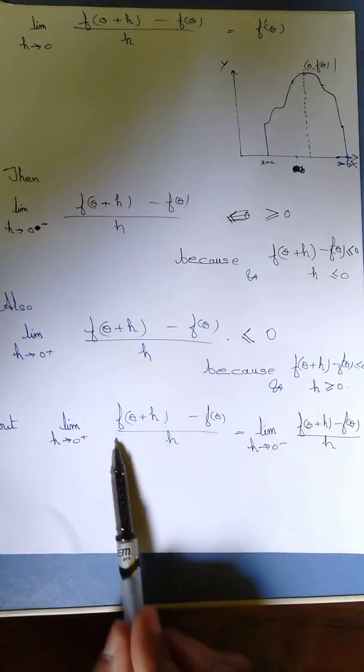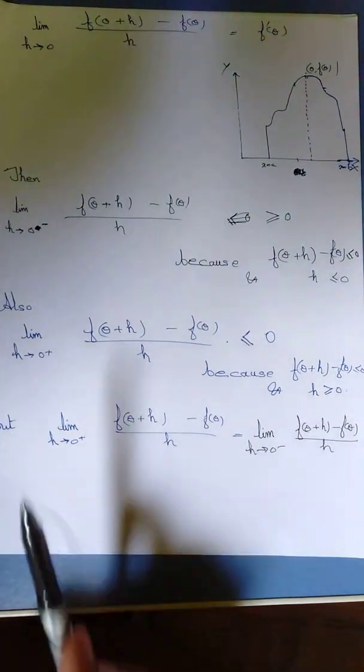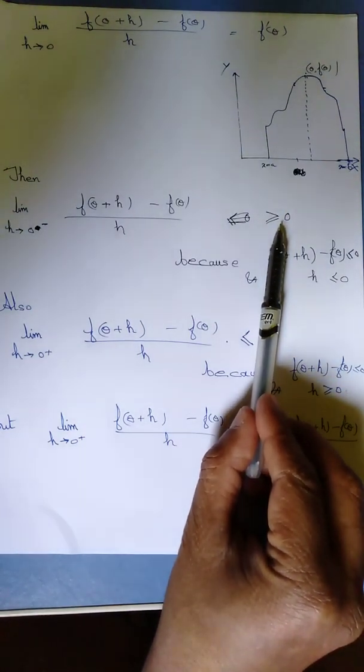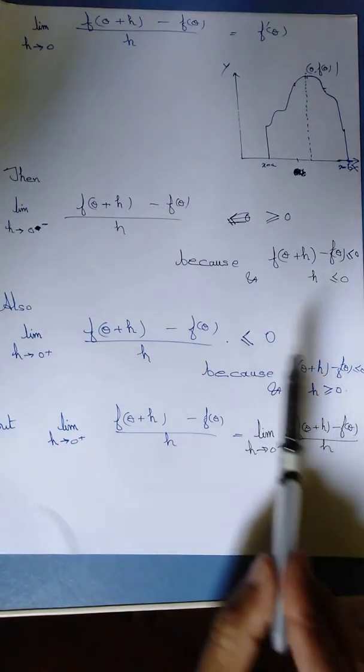Well, if both the derivatives are equal, then what can you say? The left hand derivative must be greater than or equal to 0. The right hand derivative must be less than or equal to 0.